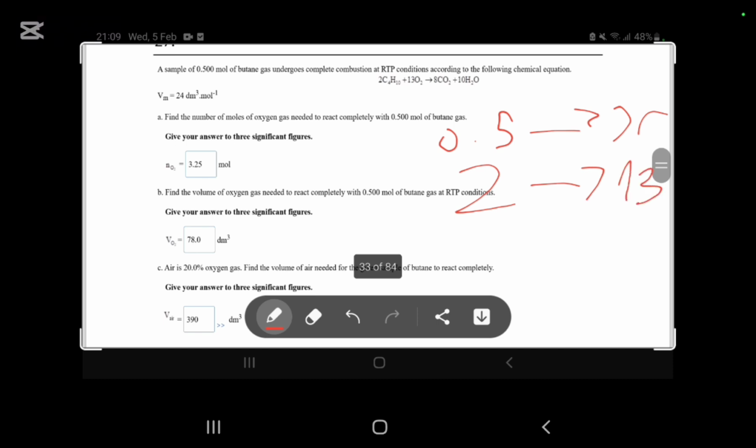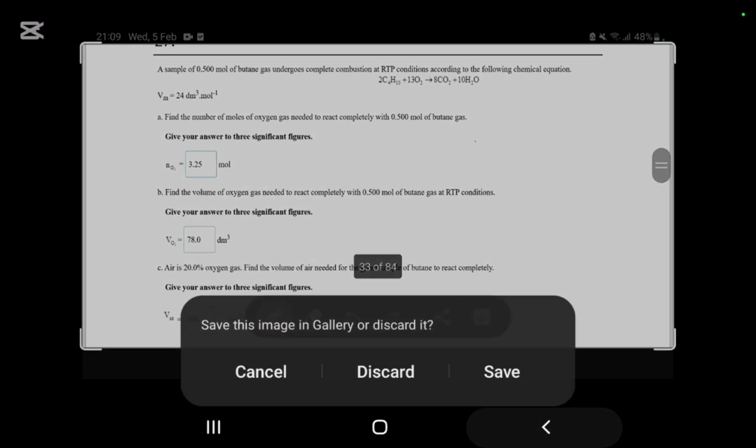So we're gonna do 13 times 0.5, which is 6.5, divided by 2, which is 3.25. And then to find the volume, all we're gonna do is 3.25 times 24, and then do that times 5 to find the volume of air.